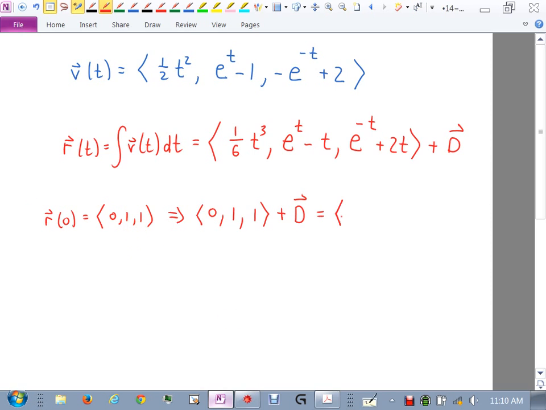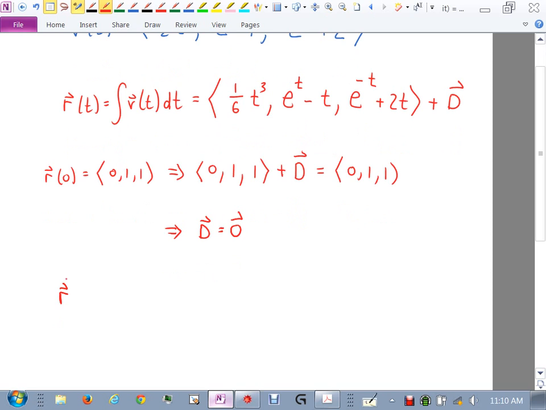Doesn't it match already? Isn't this exactly what I want here? So what's D? D is the 0 vector, which means I don't have to add anything, which means that my position function is just what I got earlier.